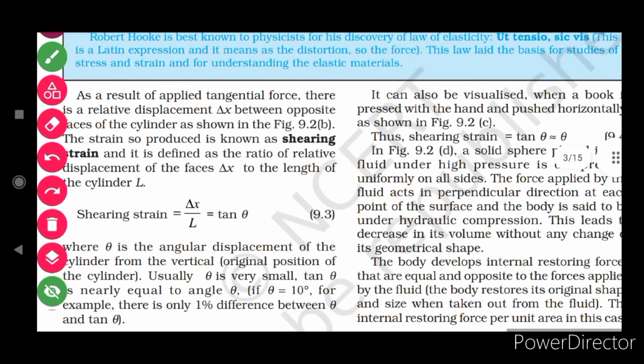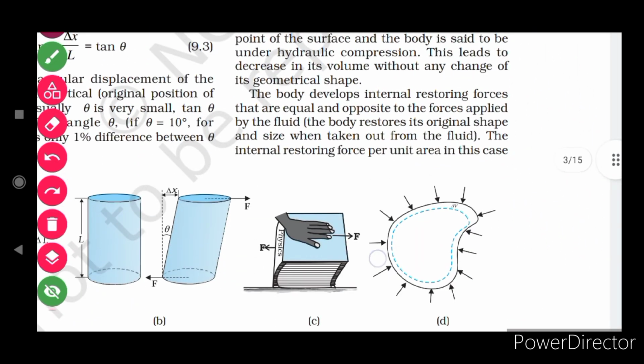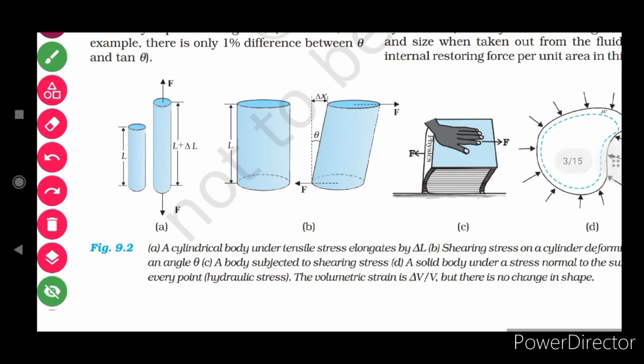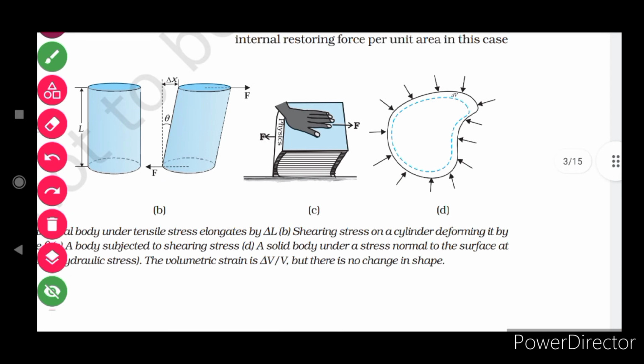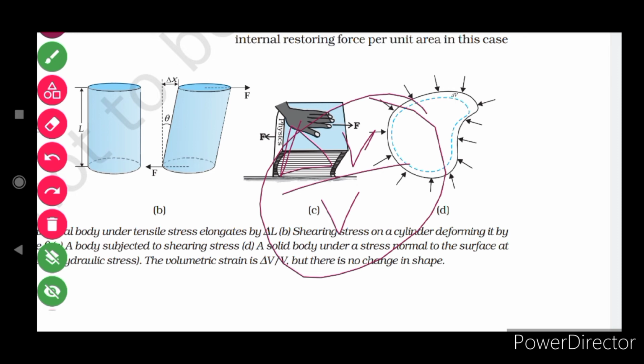Okay, the next type of strain is for the case of hydraulic stress, where the volume will be changed. The change in volume per unit volume is called volumetric strain, which is caused by the hydraulic stress.